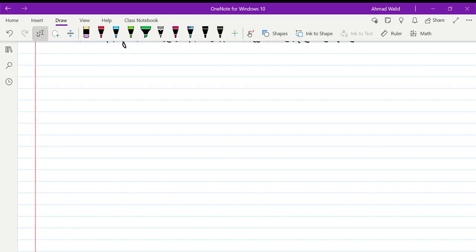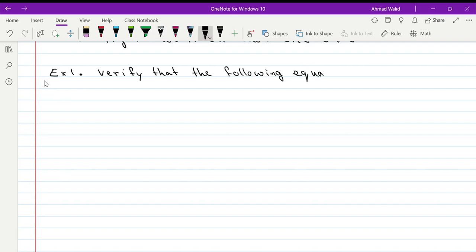Example number 1. Verify that the following equation is an identity.